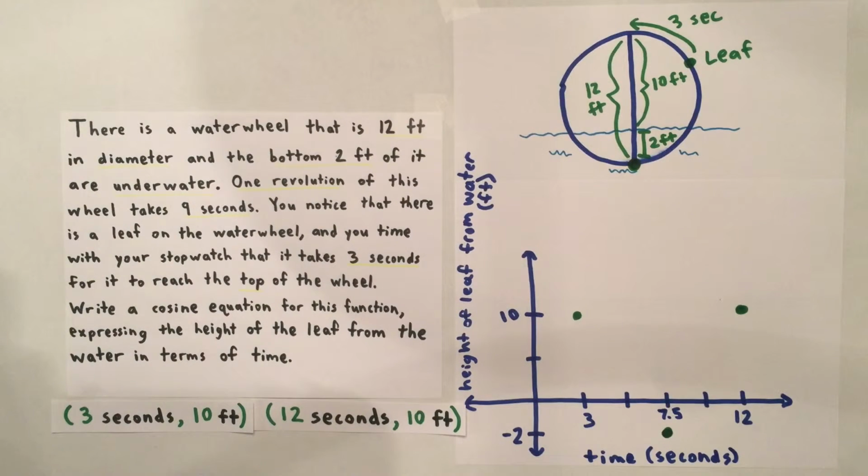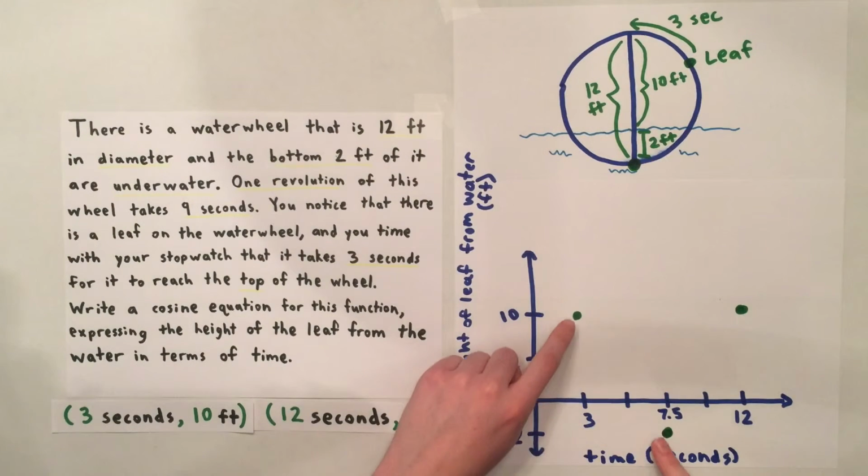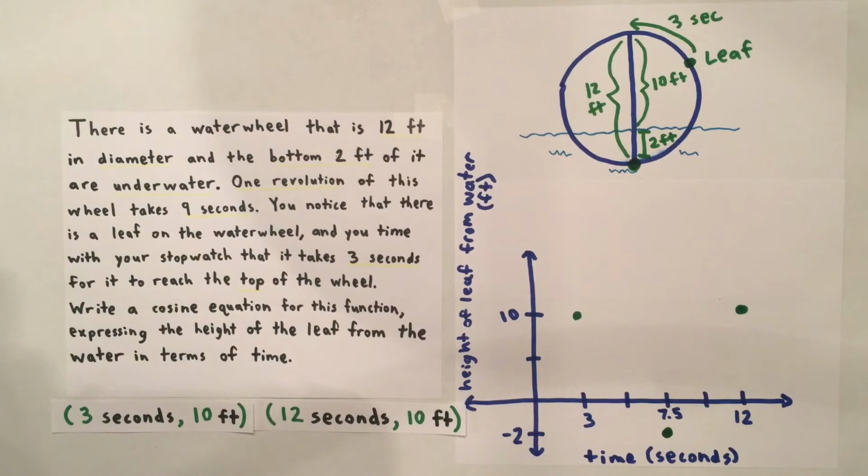Now, let's find 2 more points. Let's find a point between this point and this point, and a point between this point and this point. First, let's find a point between these 2 points. We can find the x value of this point by taking the average of the x values of these 2 values. So, if we add 3 and 7.5 and divide by 2, we get the average of 5.25.